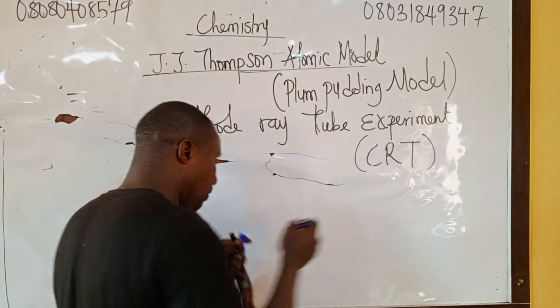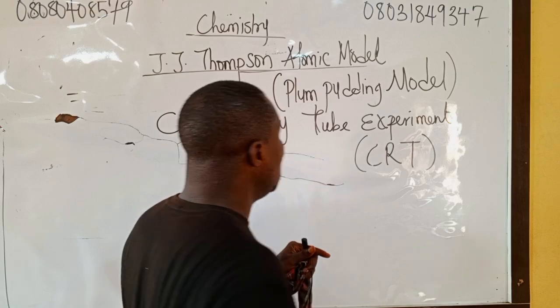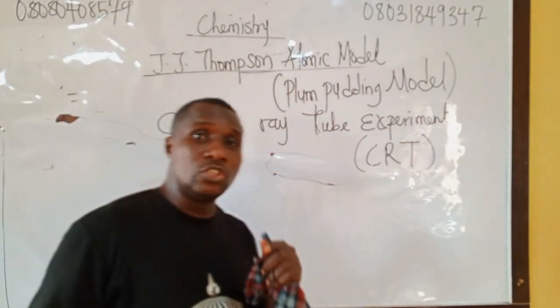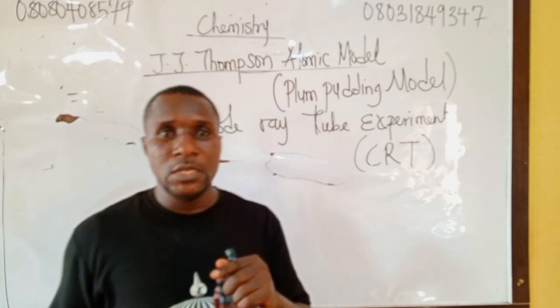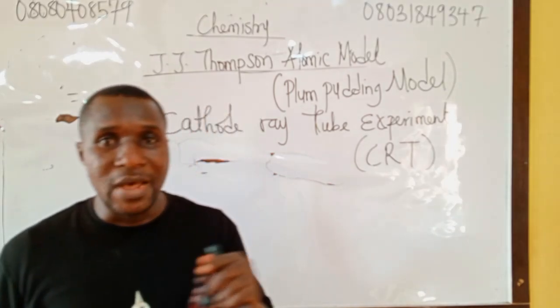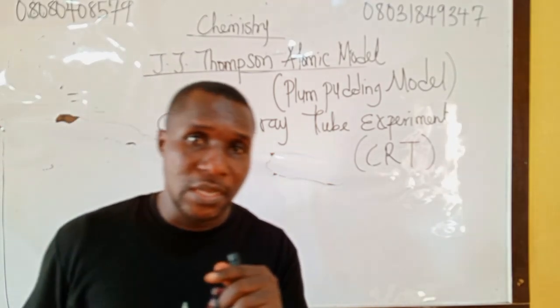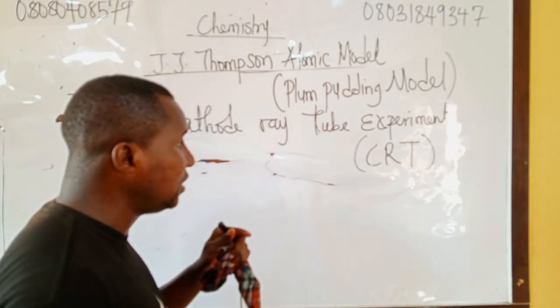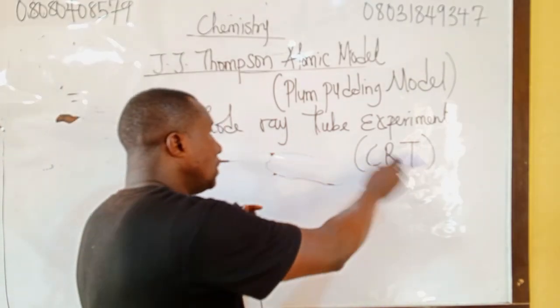J.J. Thomson used the cathode ray tube experiment to discover the electron. J.J. Thomson was the man that discovered the electron.